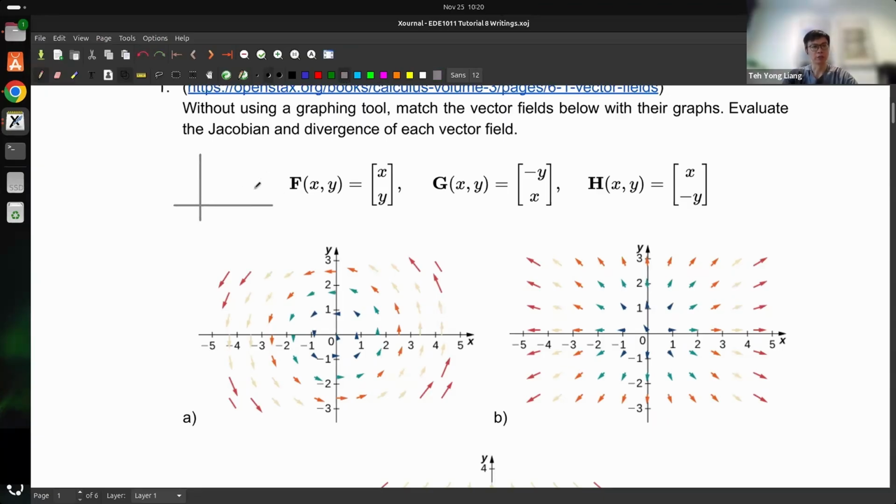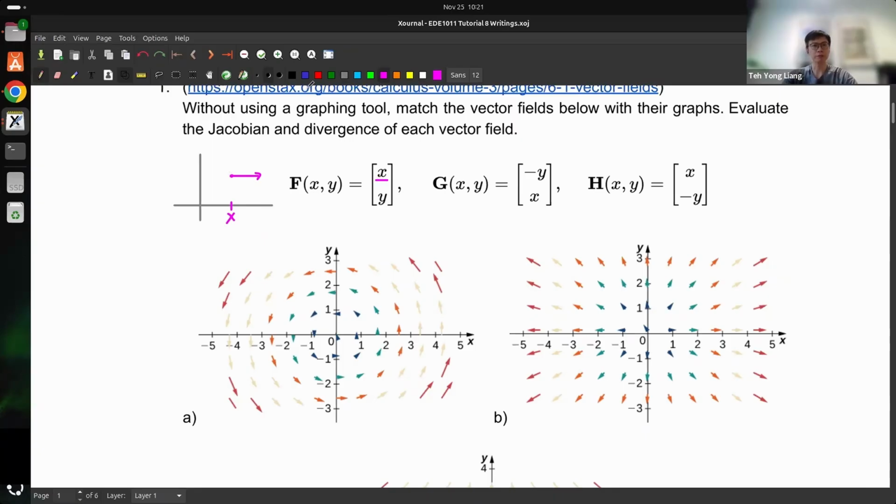Let's say in the first quadrant, you'll be able to see it already. When x is positive, the component is x, so x is positive. So at this point the x component must be positive also, because x itself in the first quadrant is positive. So this is your x component.